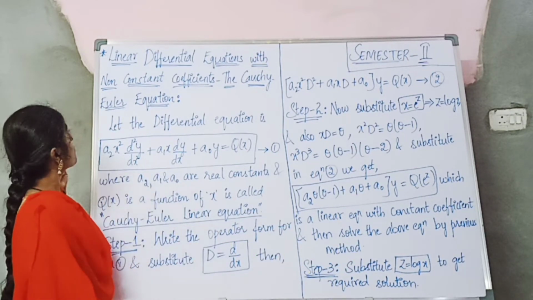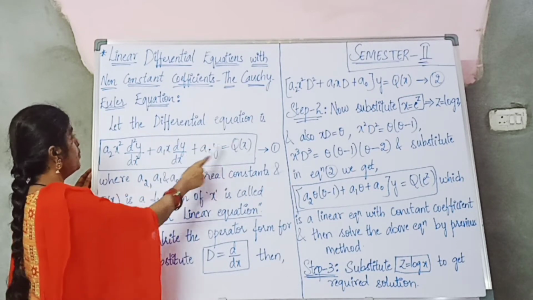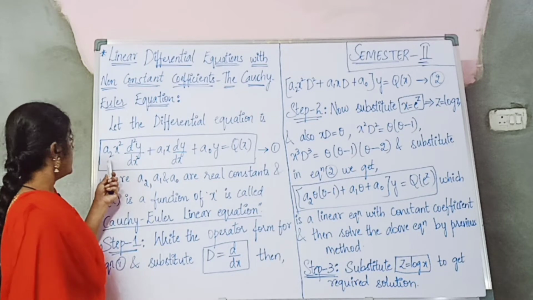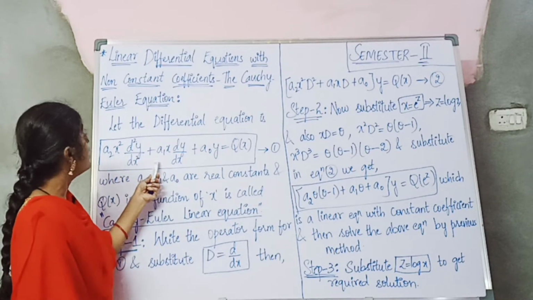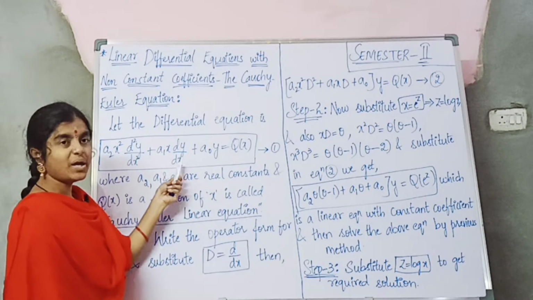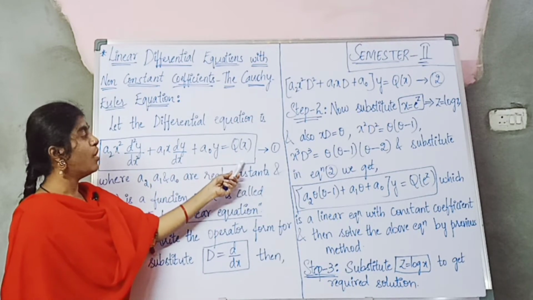So here, let the differential equation be a2 x square d square y by dx square plus a1 x into dy by dx plus a0 into y equals q of x.